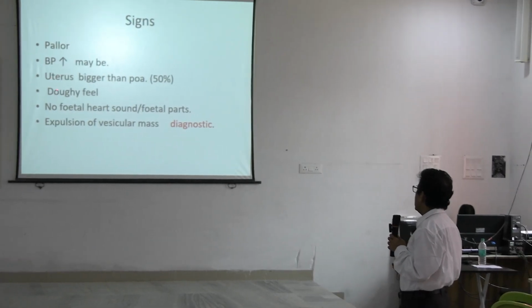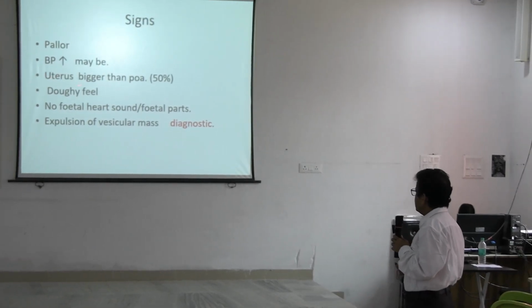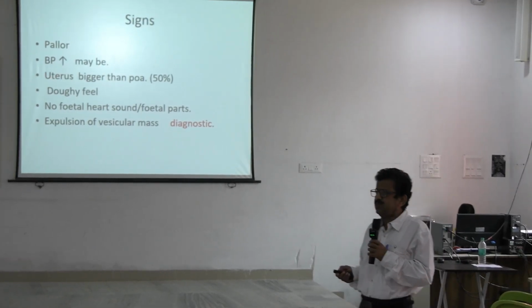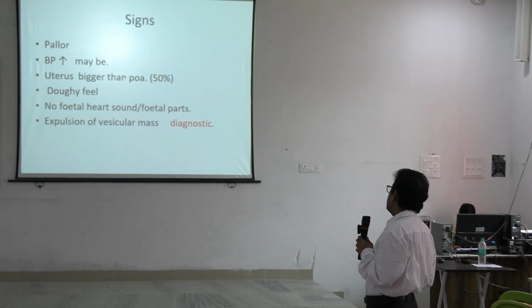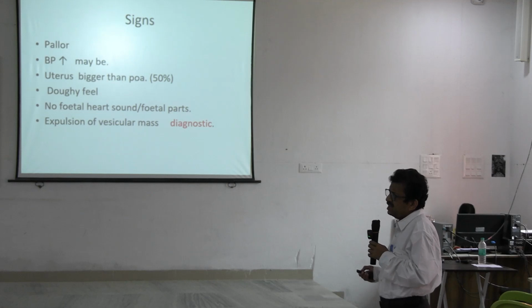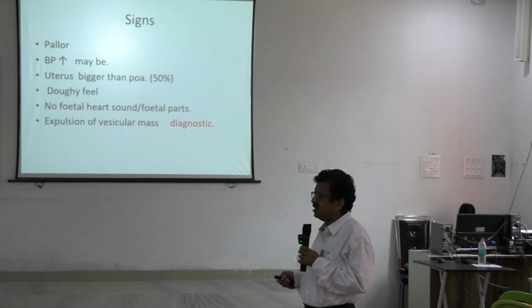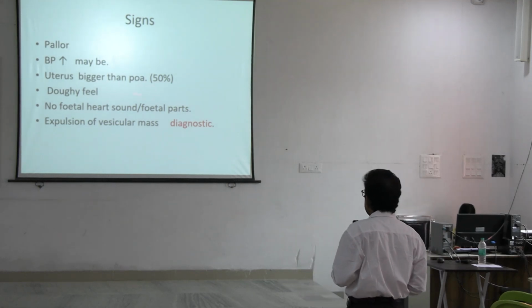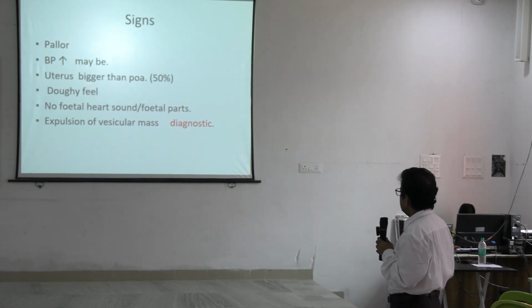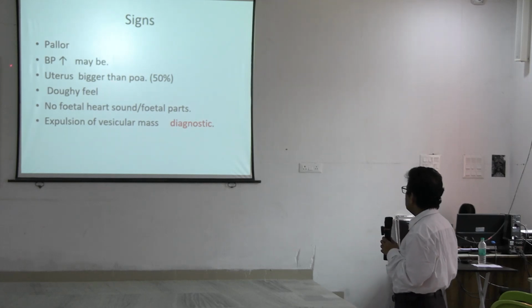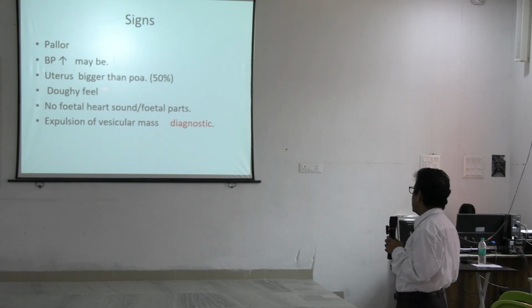And because of the excessive proliferation of the molar tissue, the uterus is bigger than the period of amenorrhea. Suppose it is 10 weeks amenorrhea and you find the uterus at 12 weeks or 14 weeks. That is because of excessive proliferation.